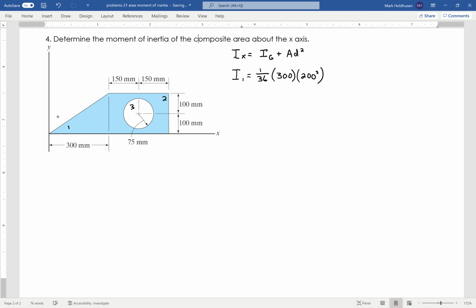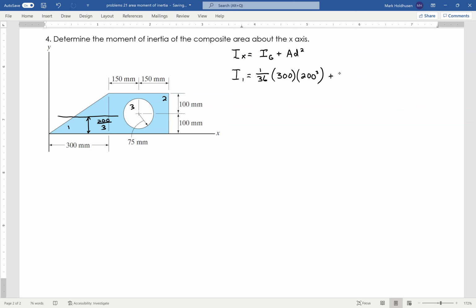And again, what I'm doing here is I'm taking it about its centroidal axis right here, okay? Which that distance between the x-axis and that centroidal axis is going to be 1/3 of the height, 200. Okay, so the height's 200, the base is 300, so I get 1/36 times 300 times 200 cubed.